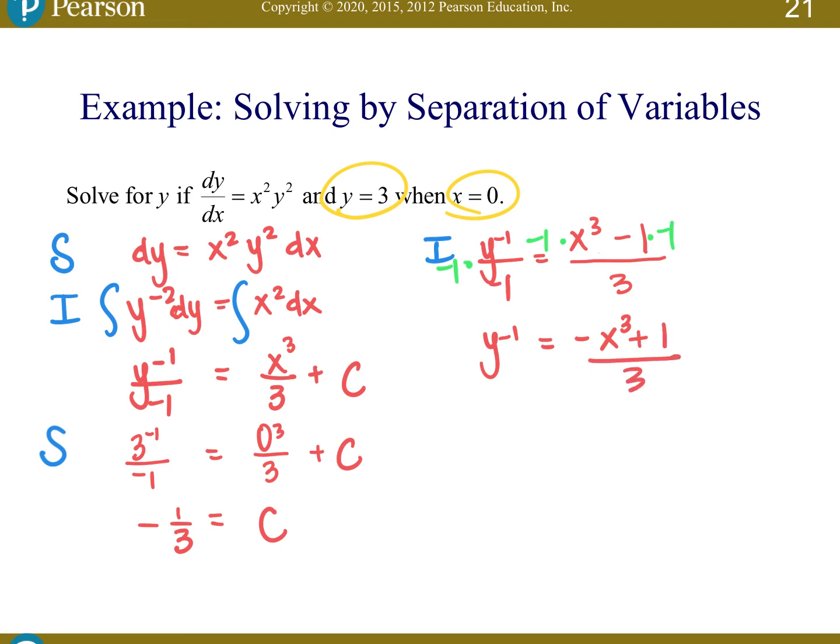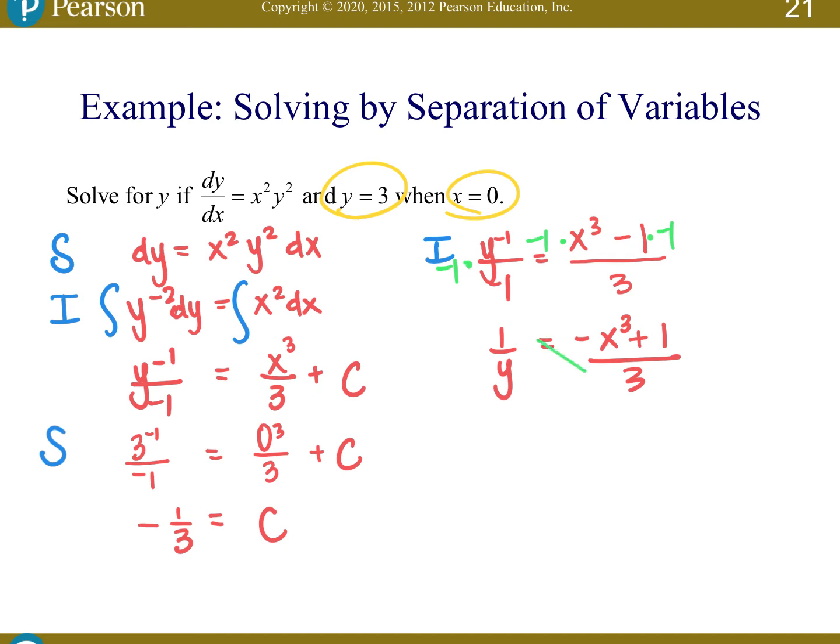Okay? Now y to the -1 means 1 over y. And when something's written like that, again, we see, oh, I started this problem with cross multiplication. I'm going to finish this problem with cross multiplication.